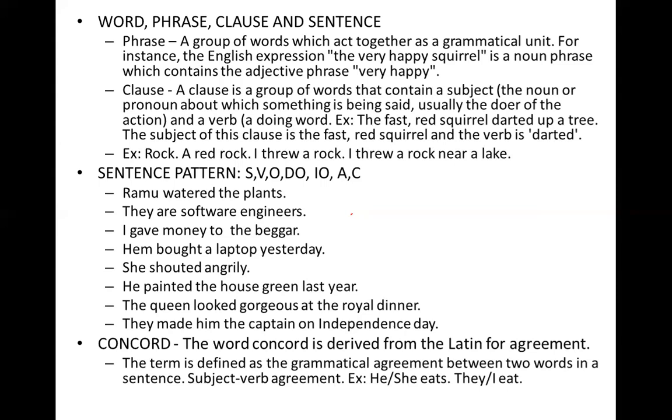They is the subject. Made is the verb. Him is the object. Remember this: what is captain? Captain is about who? Him, the object. So whether it's about the subject or the object, you consider it as C only, complement only. So they made him the captain.